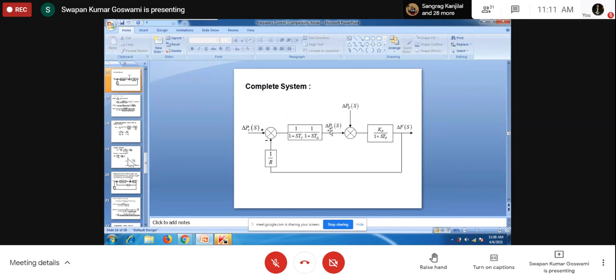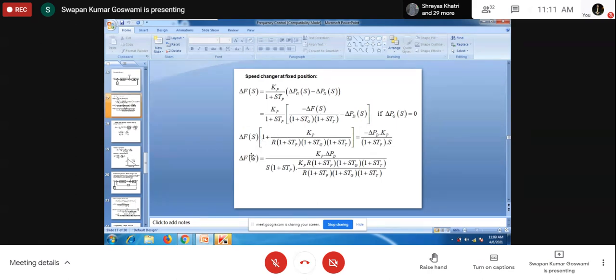How much is delta Pgs? Delta Pgs is delta Pcs minus del fs by R, into 1 by fs by R. So this is how the value of delta fs you can find out, and you simplify and find the expression for del f s.